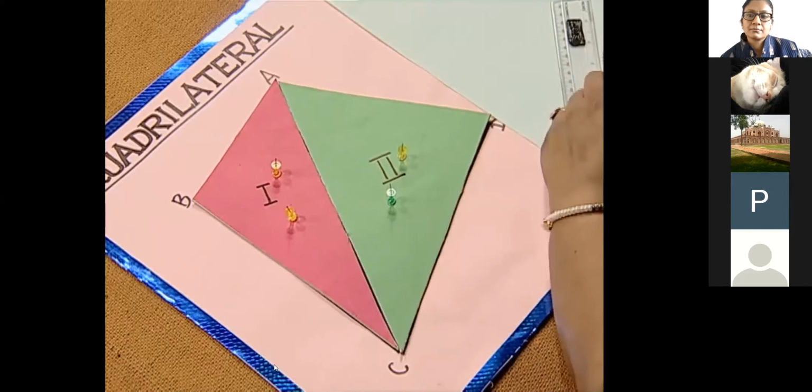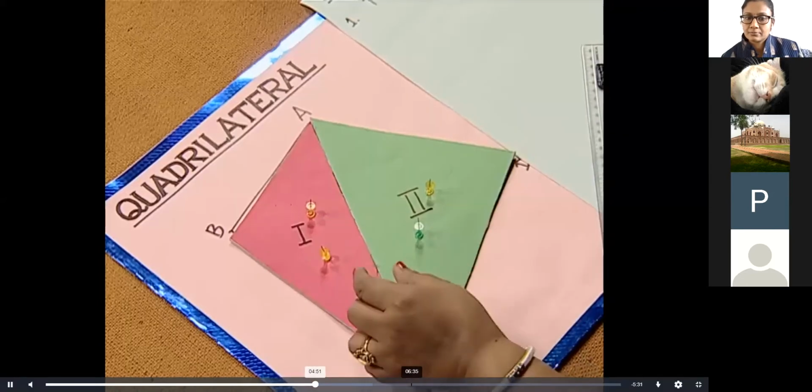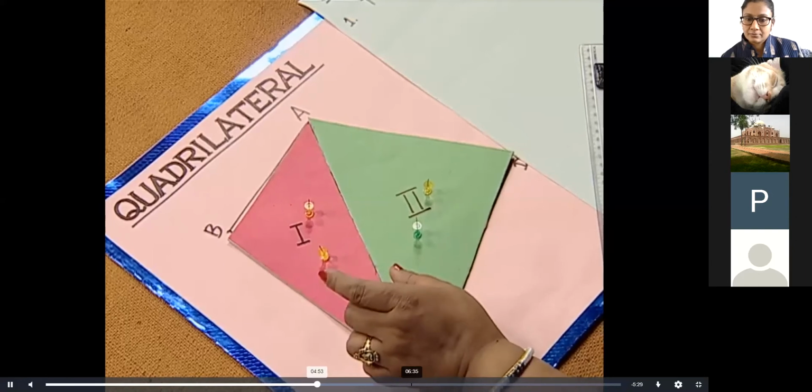Now students, can you guess what should be the sum of the interior angles of a quadrilateral? It should be twice the sum of the angles of one triangle. We have seen just now, some of the angles of a triangle were 180 degrees. We have two triangles here, so it should be 2 into 180 degrees, that is 360 degrees.